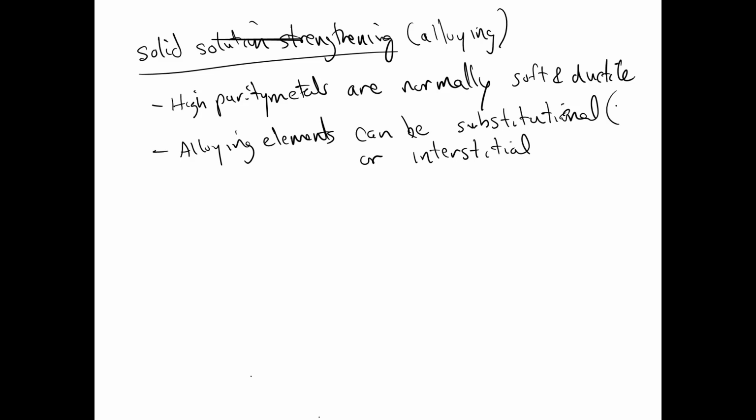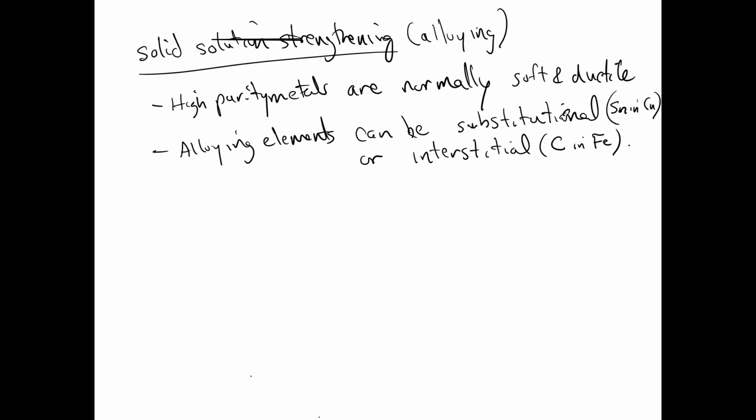That would be like tin in copper, because tin's about the same size as copper. Interstitial would be like carbon in iron, because those are the small elements. Either way, what goes on in the material is that you introduce strain into the lattice.